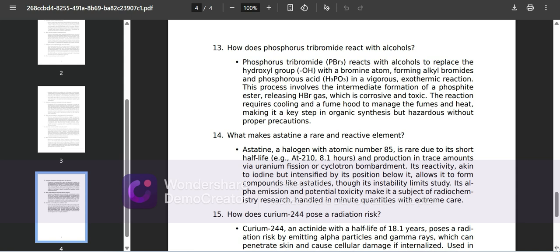This process involves the intermediate formation of a phosphite ester, releasing HBr gas, which is corrosive and toxic. The reaction requires cooling and a fume hood to manage the fumes and heat, making it a key step in organic synthesis but hazardous without proper precautions.